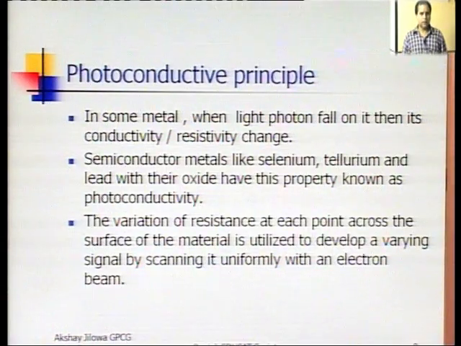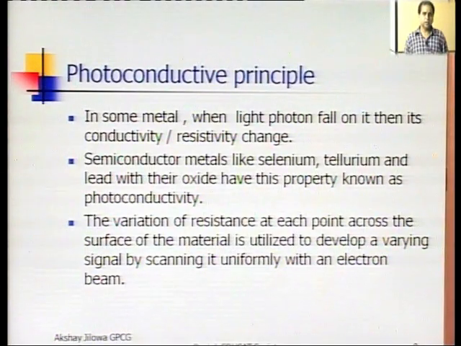In this principle, when light falls on some metal, its conductivity or resistivity changes. Here the electrons are not liberated, they do not become free, but their resistivity or conductivity changes. So, this is the second principle.